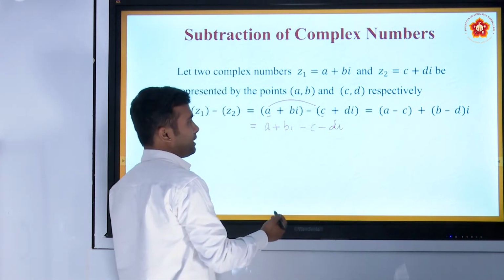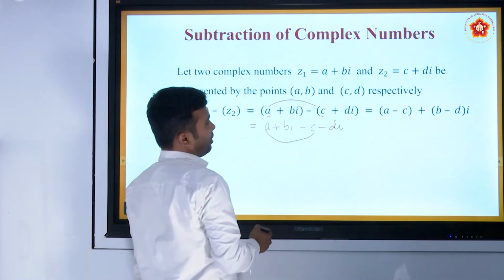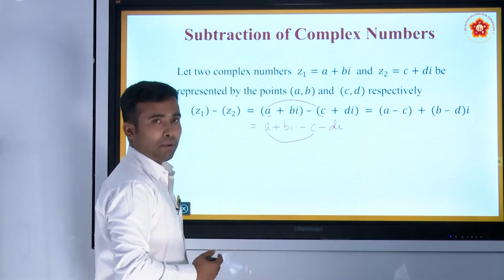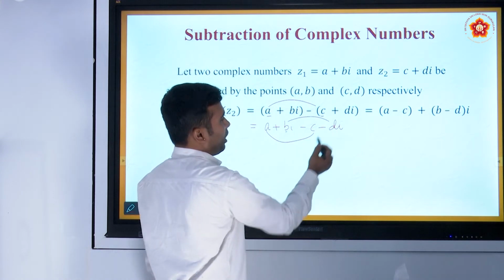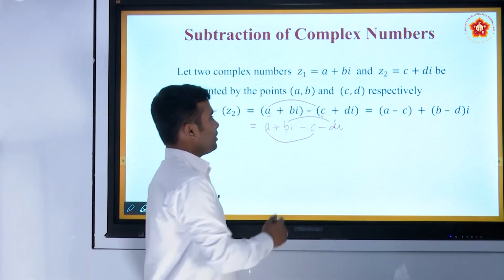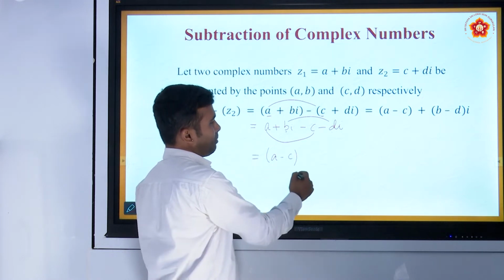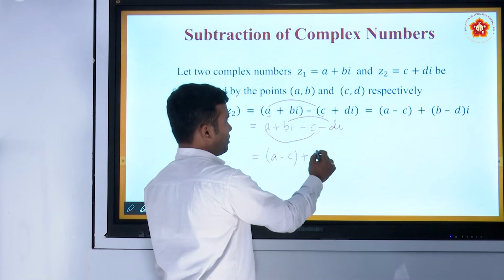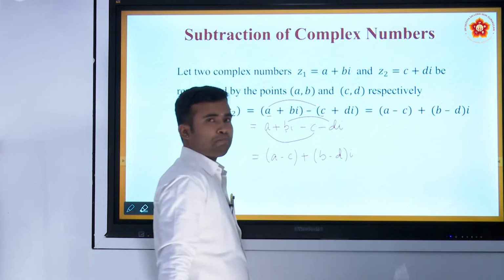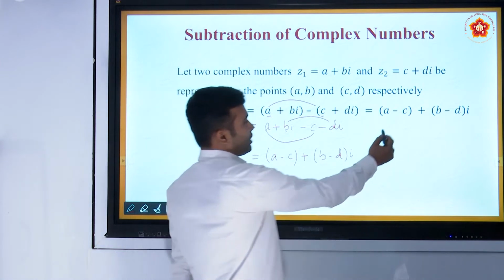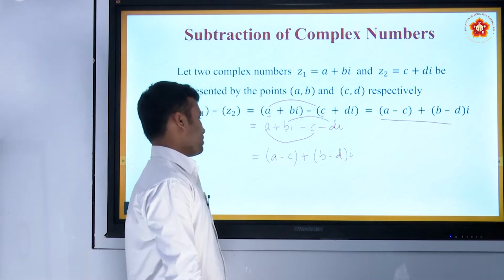Now in the next step, you group the real parts as well as the imaginary parts. From these two terms you can take i common. So you will get (A minus C) plus (B minus D)i, and that gives the subtraction of two complex numbers.